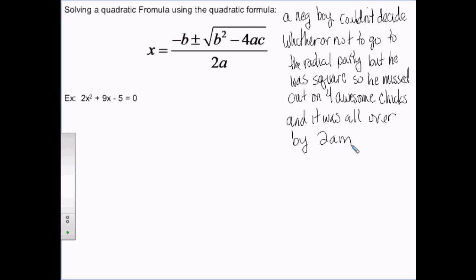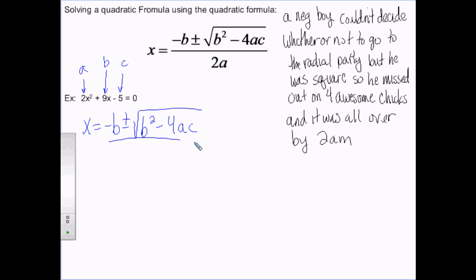Now, how does it work? I should know this, but just in case. This is A, this is B, that's C. I replace the A's with 2, the B's with 9, and the C with a negative 5.